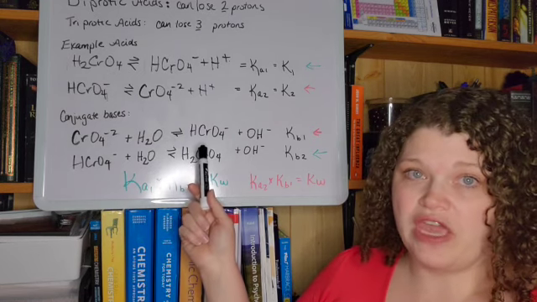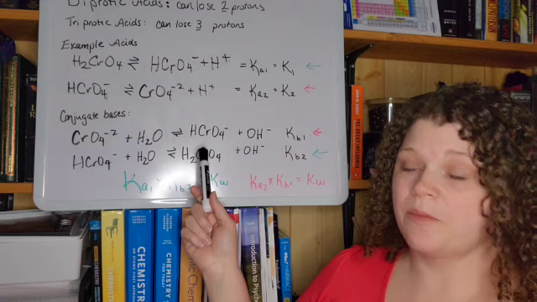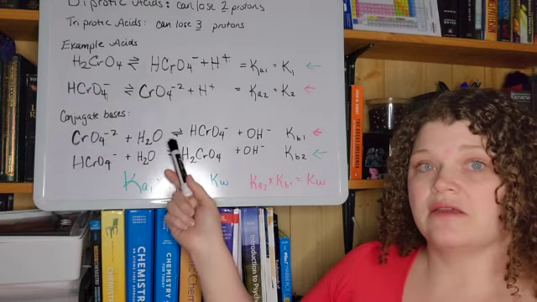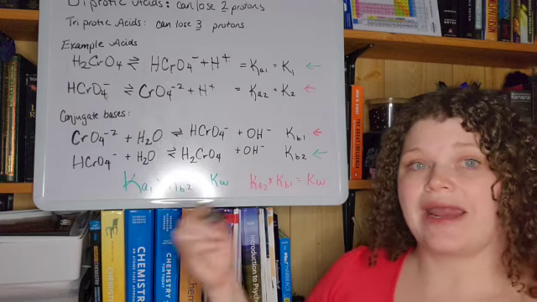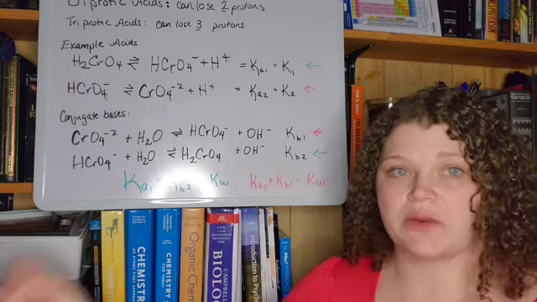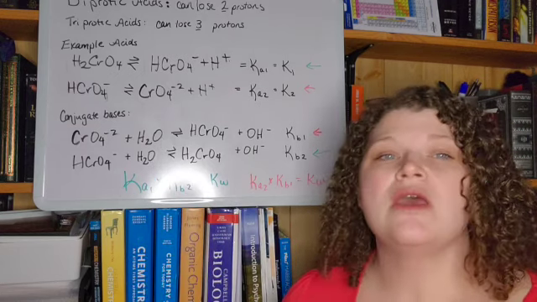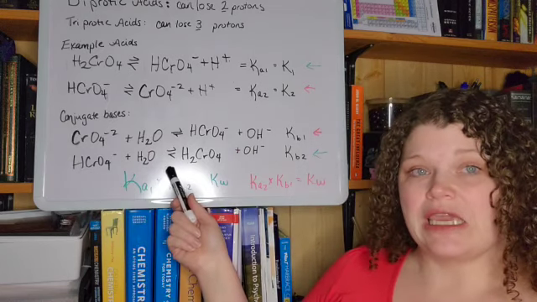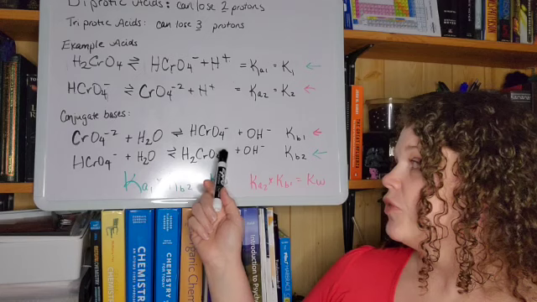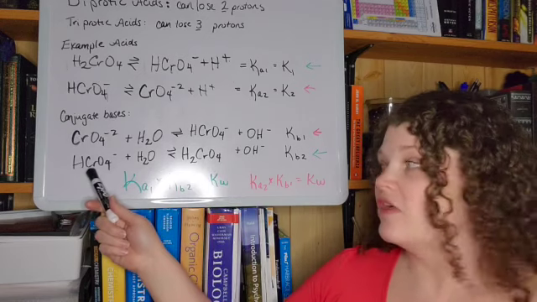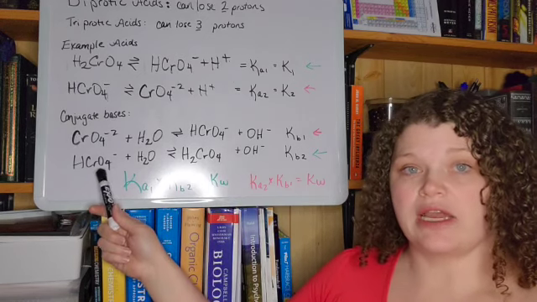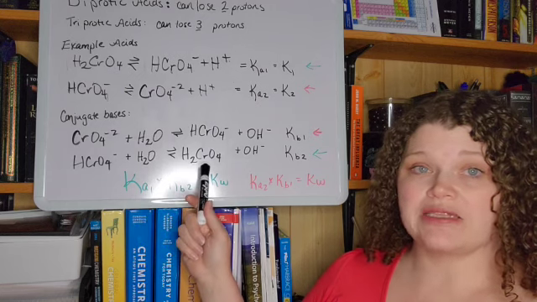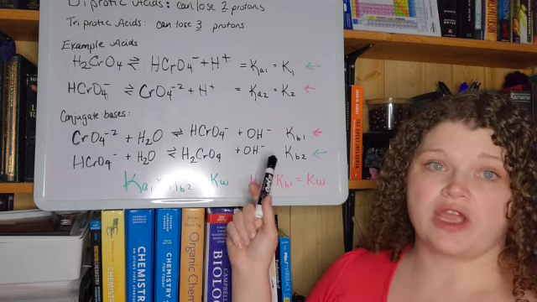Well, we don't have H2CrO4 here. We don't have chromic acid in this first one, because we're adding on 1 proton at a time. Just like we took them off one at a time, we have to add them back one at a time. So that means we're going to go down to Kb2 here, because this starts with HCrO4 minus. You add that to water, and that gives you your chromic acid back and a hydroxide ion for Kb2.